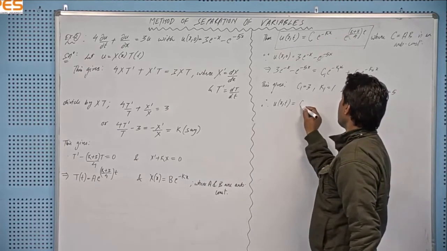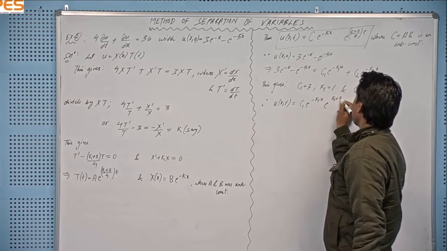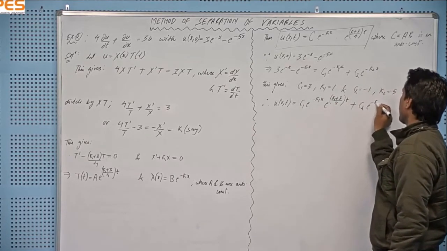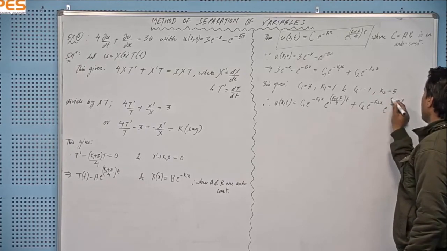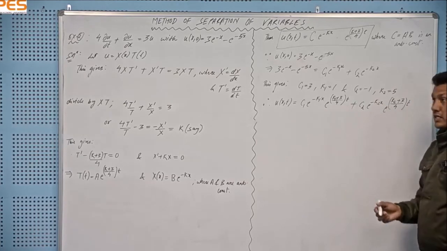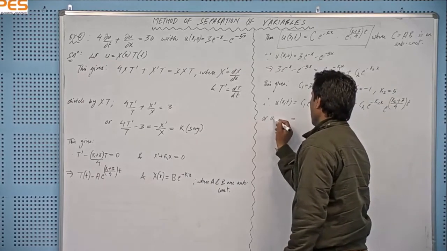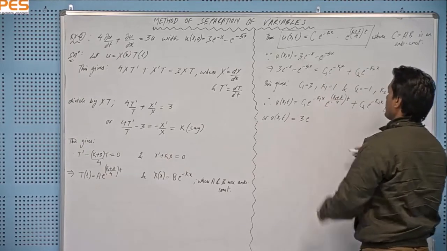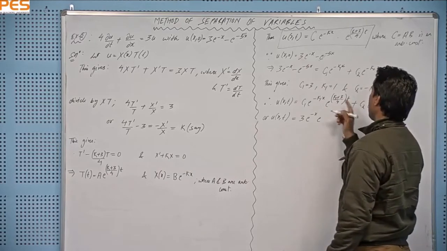The first solution will be C1 e to the power minus K1x e to the power K1 plus 3 by 4 t, and the other will be C2 e to the power minus K2x e to the power K2 plus 3 by 4 t. And after writing them in this way, substitute these C's and K's, and that will produce u(x, t), that will produce 3 times e to the power minus x, and this will give you e to the power t, 3 plus 1 by 4 t.